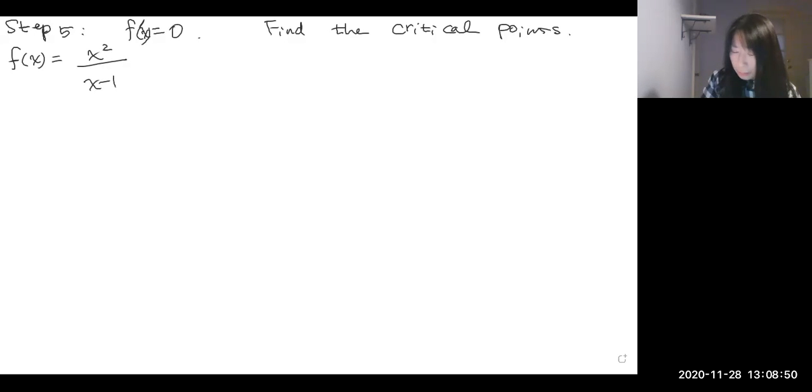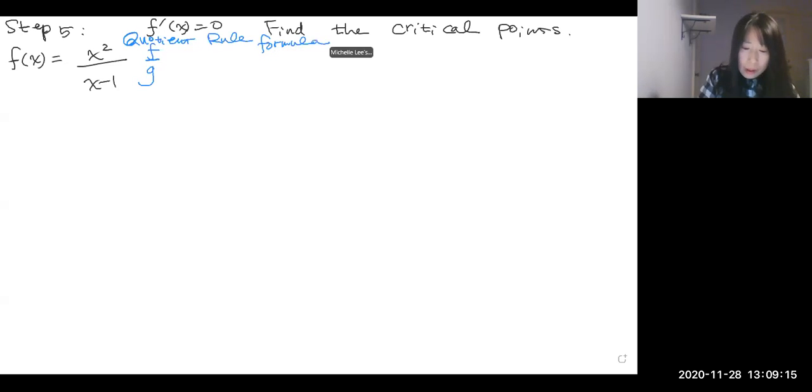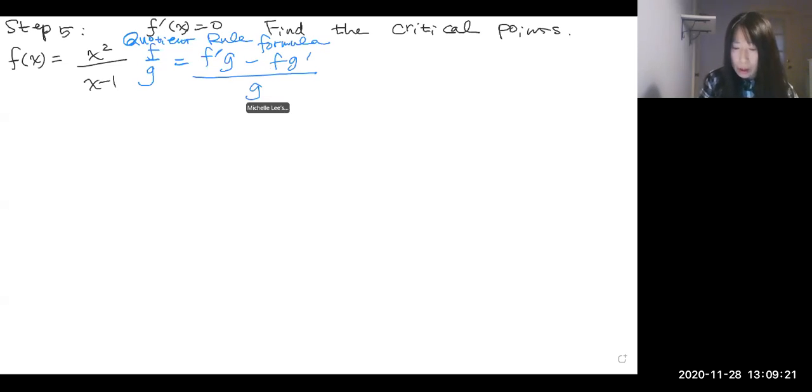We're going to use the quotient rule formula: f prime g minus f g prime over g squared. I want to do it in this order because it's easier to remember.